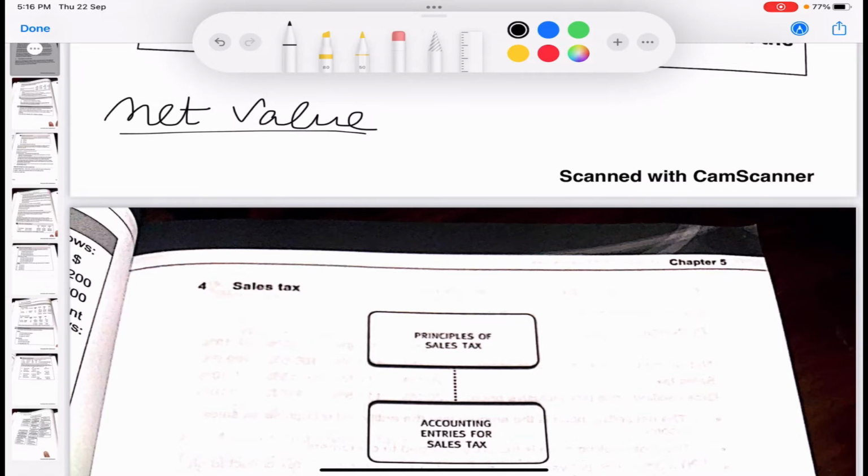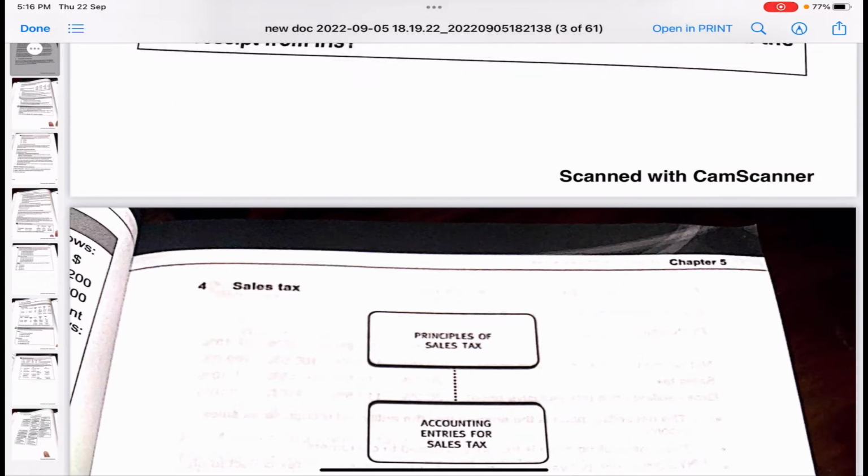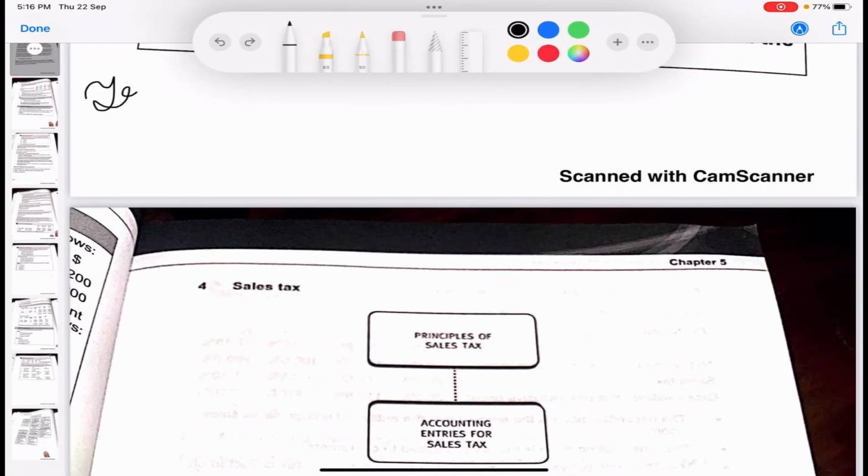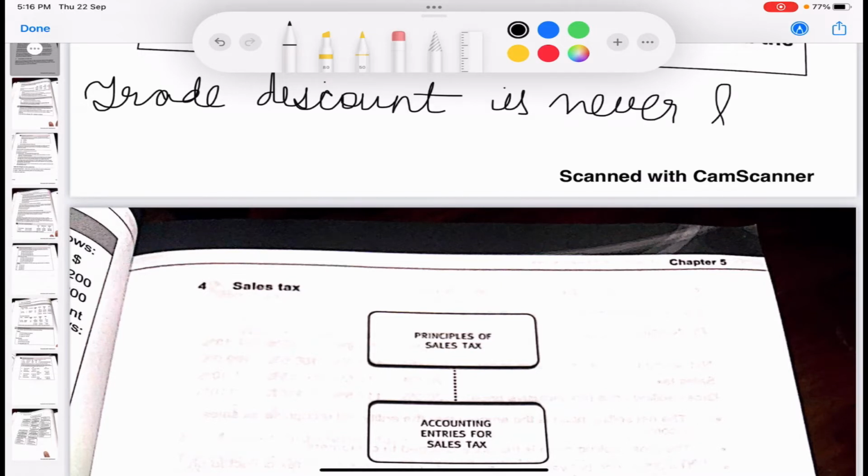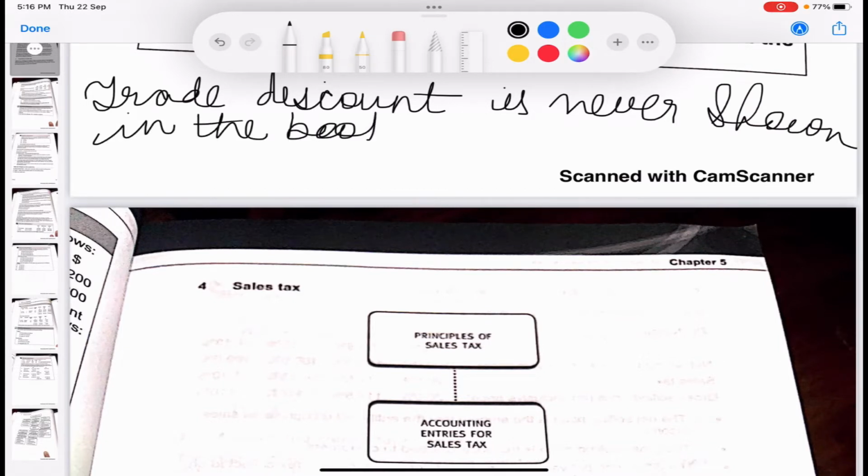So trade discount is never recorded in the books. Discount is never shown in the books.